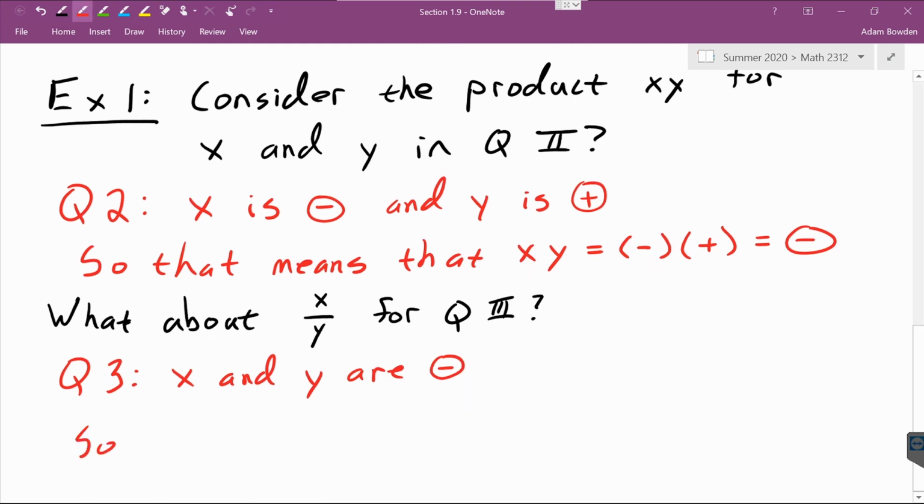And so that's going to tell us that x over y would look like a negative divided by a negative, which is a positive. So no matter what x and y values have, as long as they're both coming from a quadrant 3 point, it's going to be a positive value when we do x divided by y.